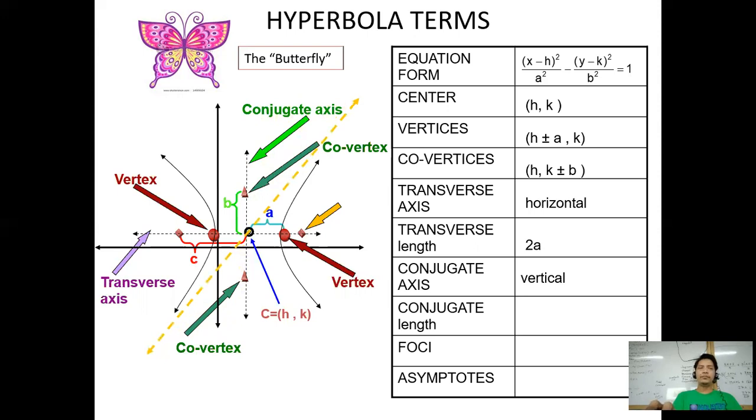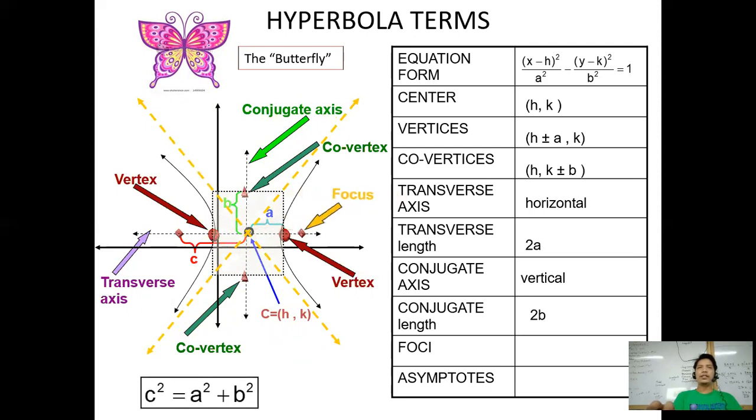So dito, nakikita natin yung line draw na yan, yung tinatawag natin, ayan, yung asymptotes natin. So yun yung foci, tapos yung ating equation ng asymptotes: Y is equals to plus or minus B over A multiplied by X minus H, plus K. So tandaan po natin yan.